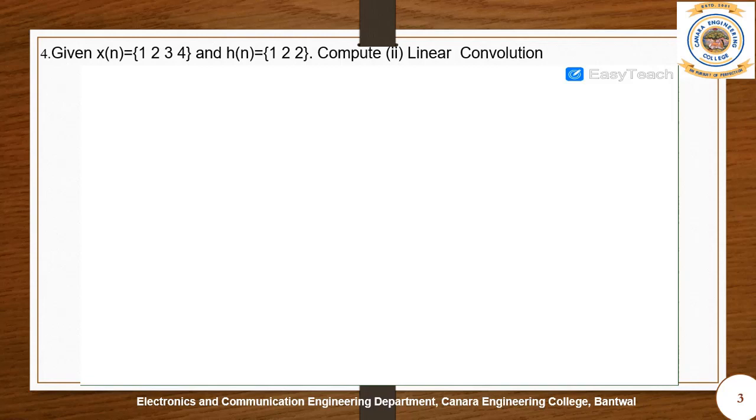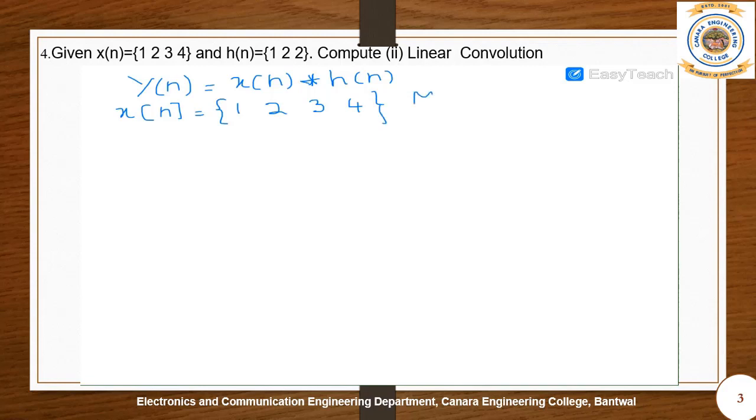Now we need to find out linear convolution values. Y of n is x of n linear convolution with h of n. Given x of n is equal to 1, 2, 3, 4. Here m is equal to 4.